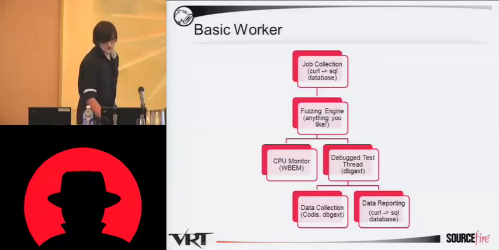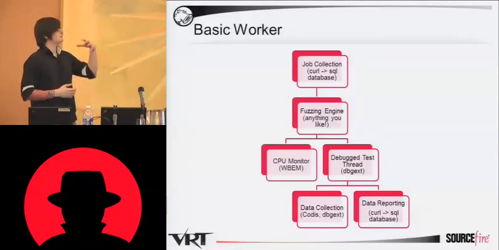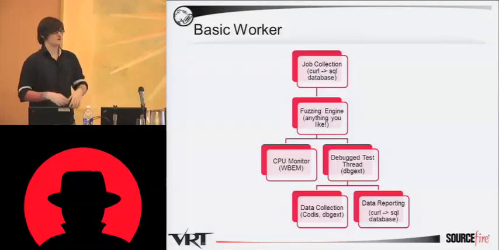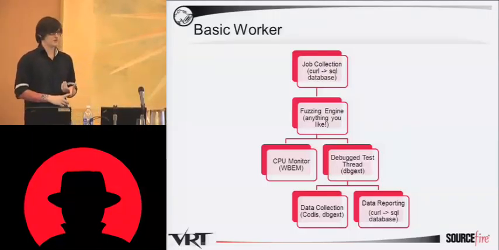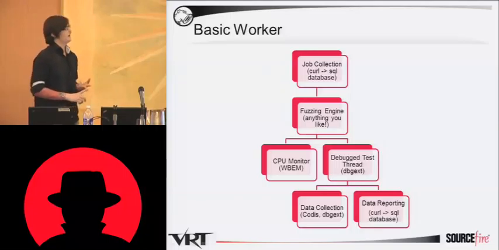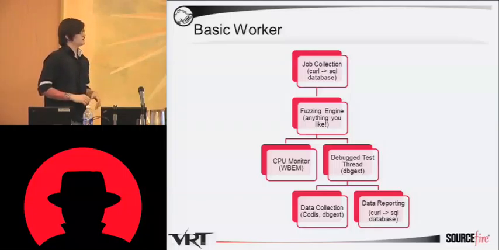So the basic flow is pretty much like this. There's job collection, where, as a debugging host, you'll get either a file that's already been created for you or an input that's already been created for you to hand to the process, or you'll get a description of how to create that. This will be handed to your fuzzing engine, which should be interchangeable.